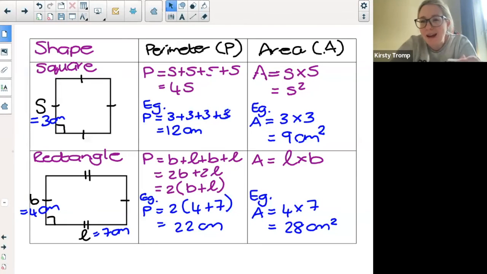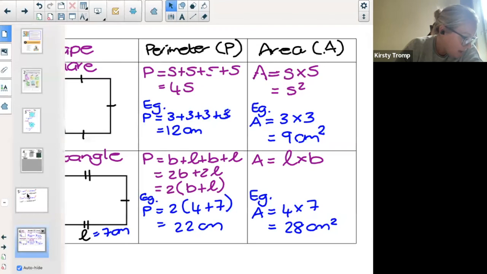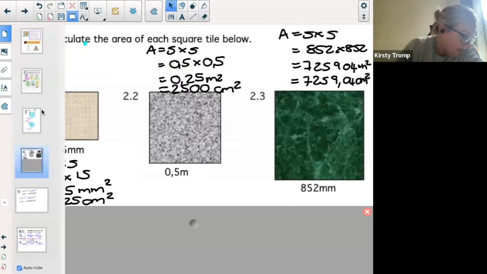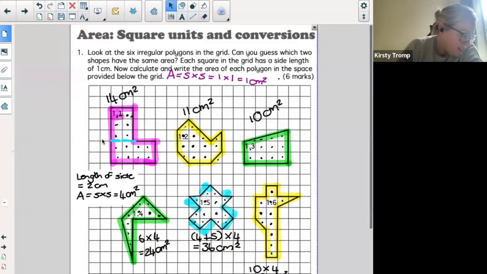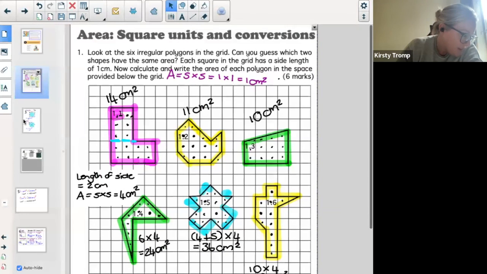Okay, Retabile. Hi, Retabile. Did you have a question, my love? Yes, ma'am, may you please go back to the part where we were drawing the shapes? Sure. Not this one that I've got on the screen, hey? No, ma'am, before that. Before this one? Yes, ma'am, this one.